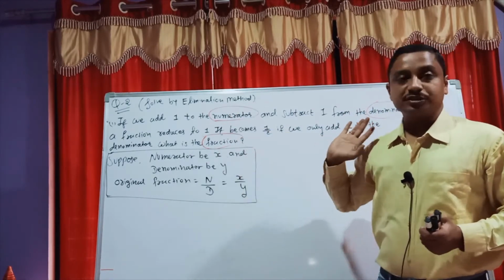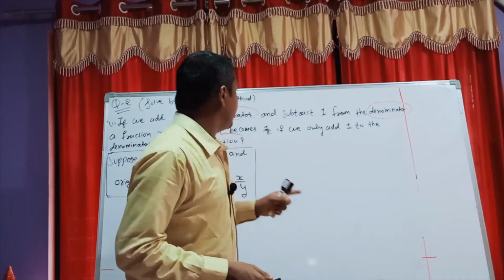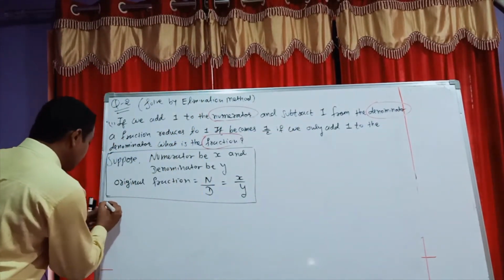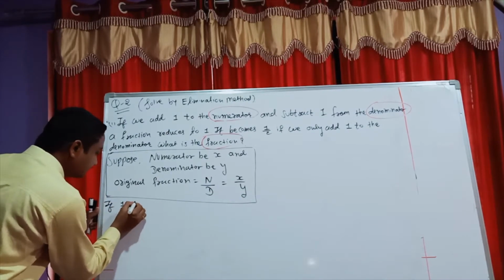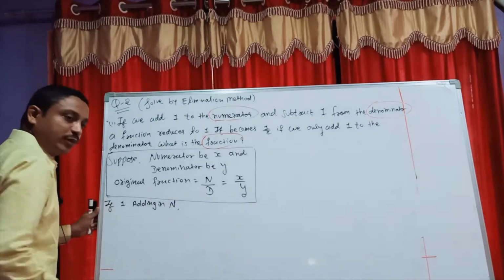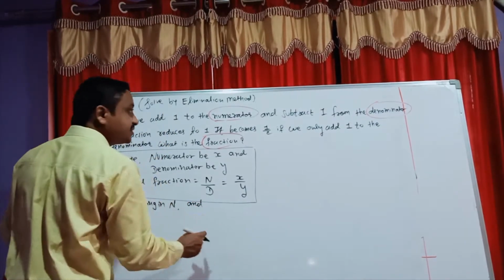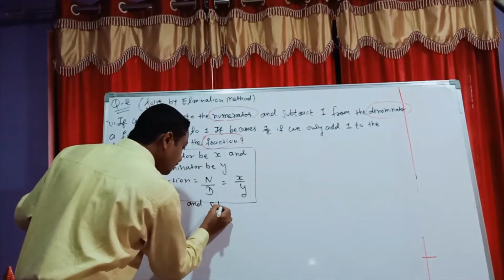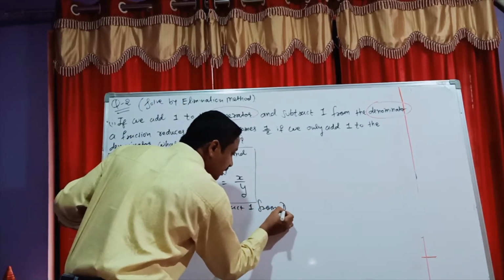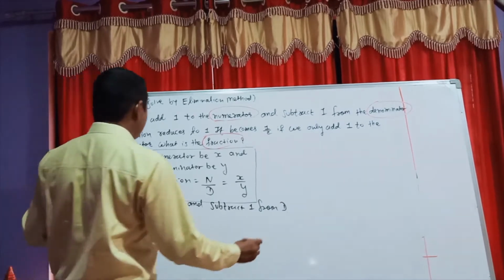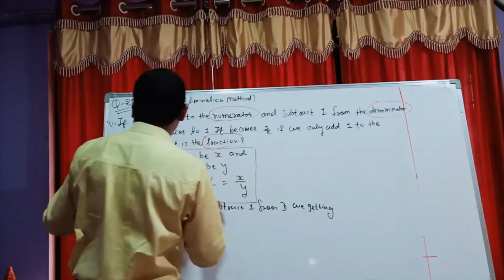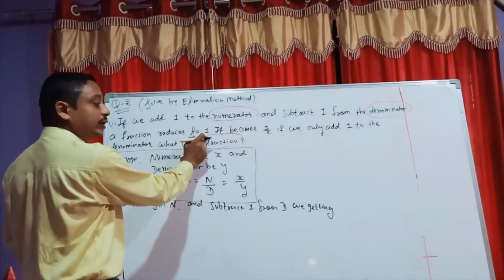Now I read the question. See the question: if we add 1 to the numerator and subtract 1 from the denominator, so continue. If adding 1 in the numerator, and second, subtract 1 from the denominator, we get what? We get a fraction reduced to 1.